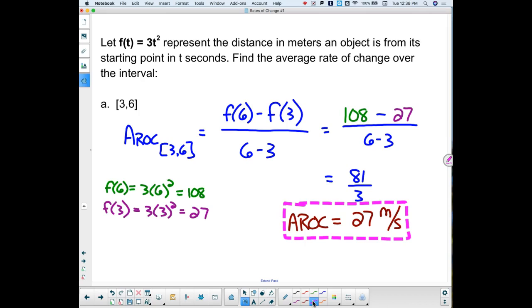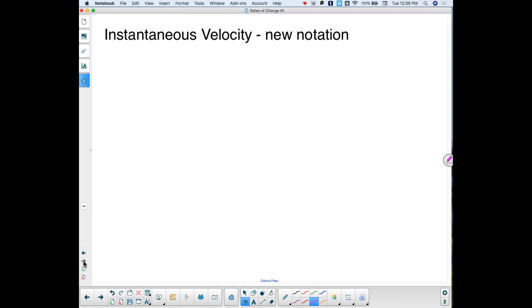From 4 to 8, it was 36. So it's speeding up. It's getting faster, because the number was going up. If the numbers were the same, it would be staying at the same average speed over both of those intervals. This one's speeding up, though.